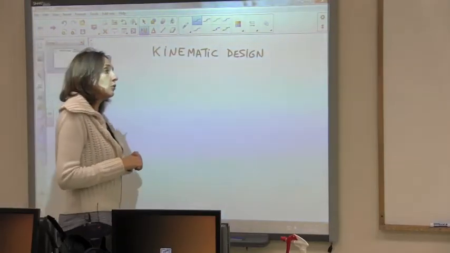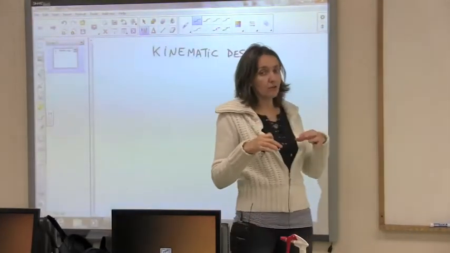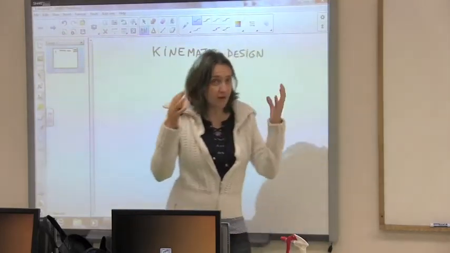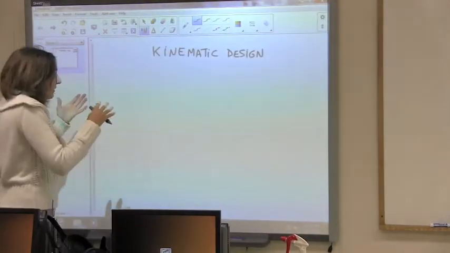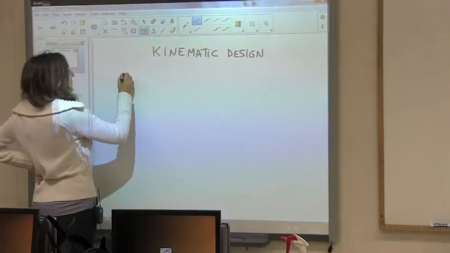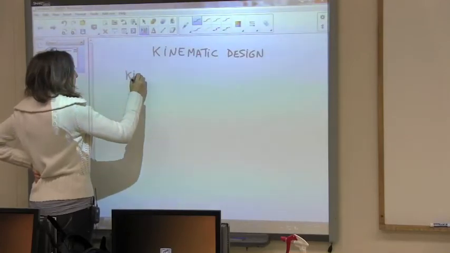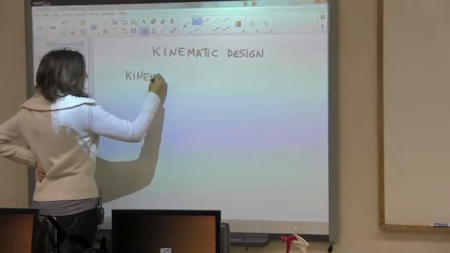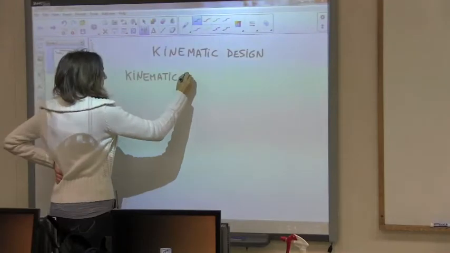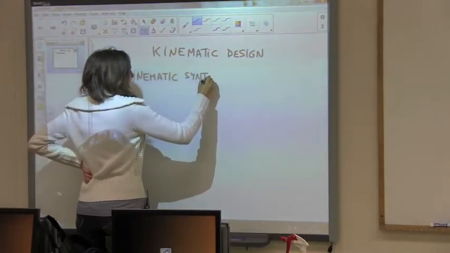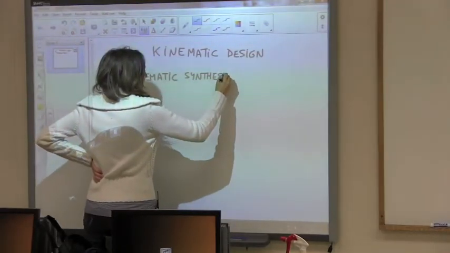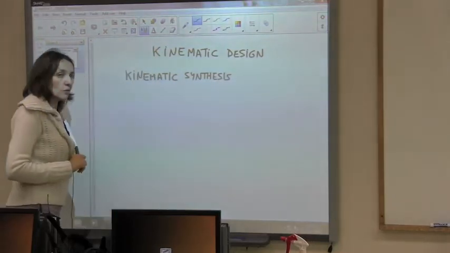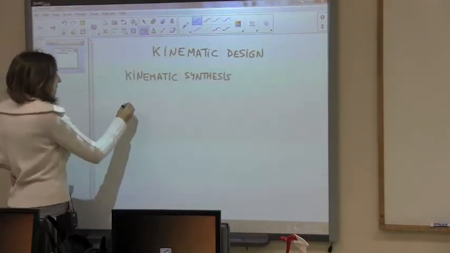And what we want to do is to create these systems in order to perform a specified motion. Okay, so that's the idea of the kinematic design. This is what we call kinematic synthesis, right? Synthesis. We have the motion, and we want to create.